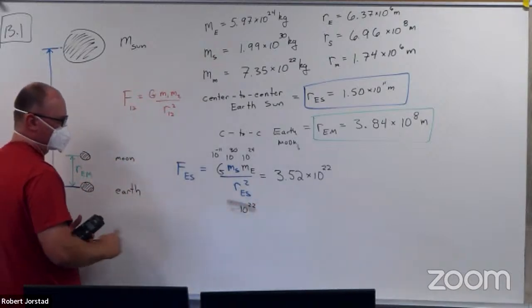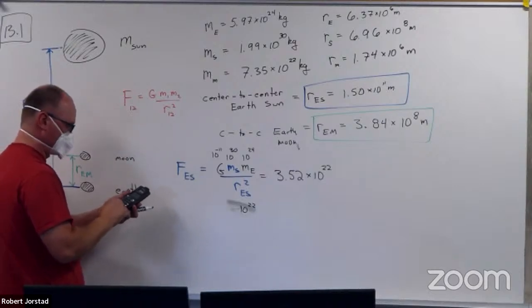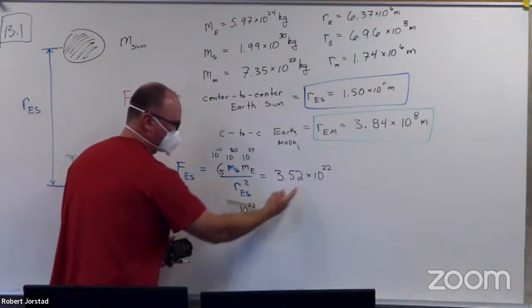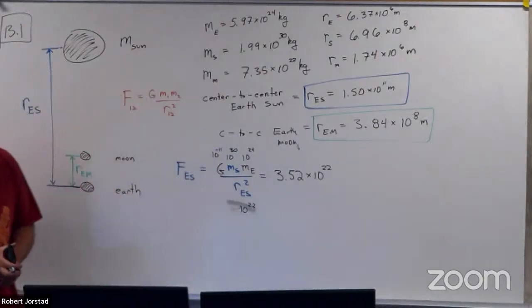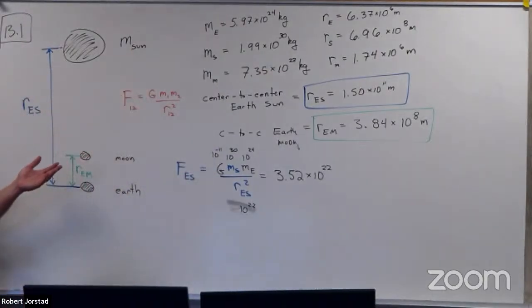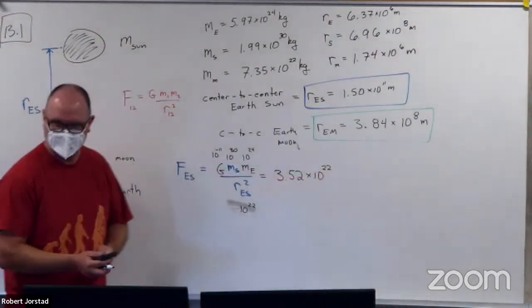So we've got 30 plus 24 minus 11 minus 22, and I get 21, which is about the right power. I ignored all the prefactors, so that seems reasonable. Did you guys see what I was doing there to check the math? Just checking the powers of 10 and seeing if it's within an order or two.